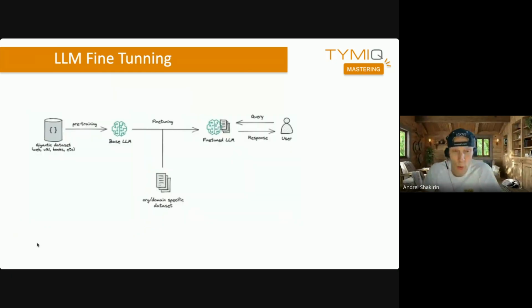There are two approaches that are also used very often: fine-tuning and distillation. The idea of fine-tuning is that we have a pre-trained model or base model, and some additional domain-specific data, domain-specific information, and we tune the model on the basis of this information to get fine-tuned models.